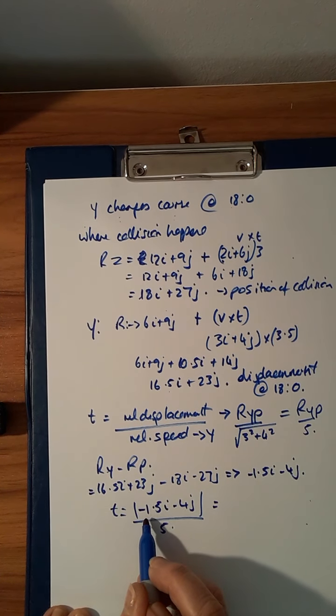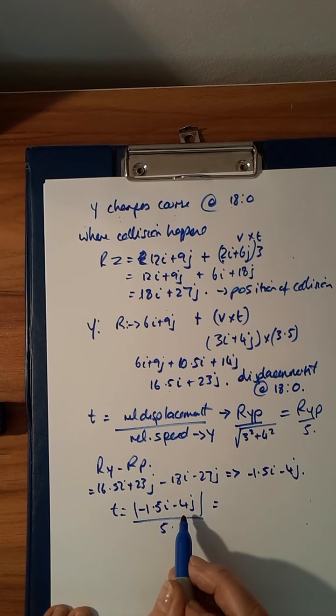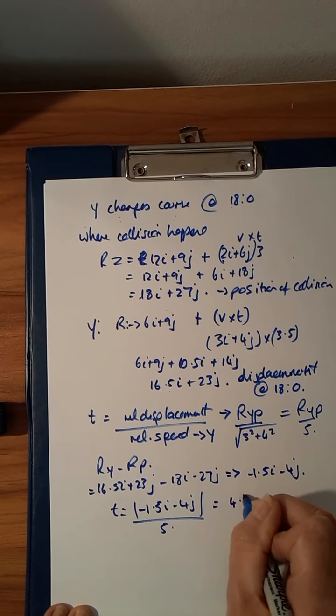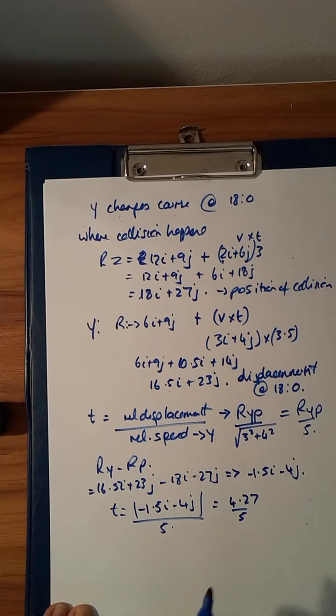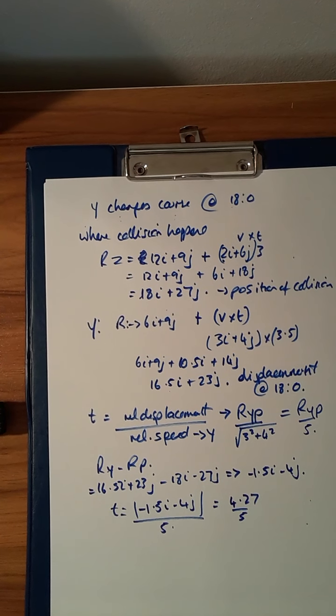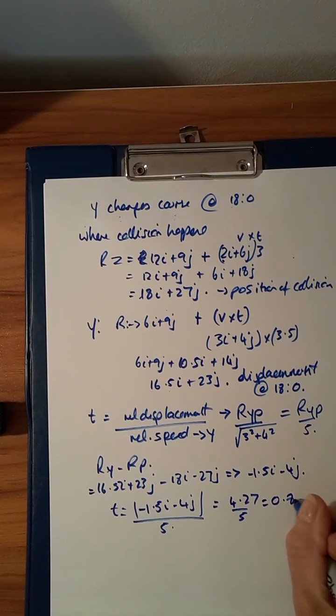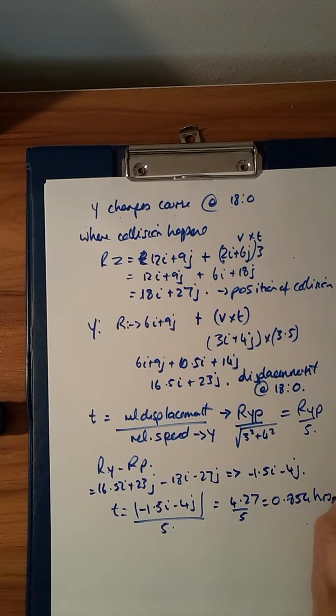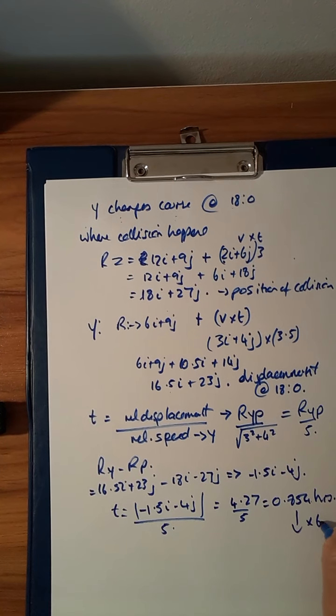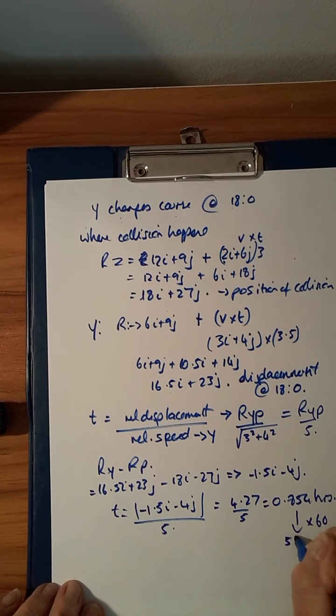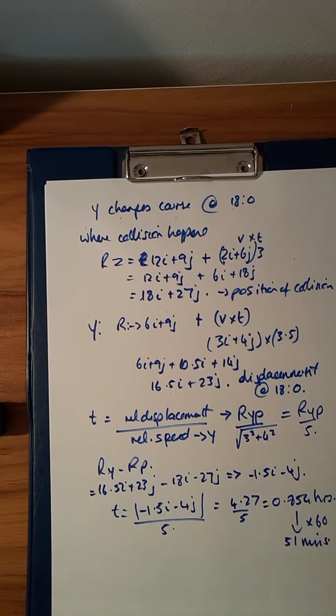So when I get 1.5 squared plus 4 squared, square root of that gives me 4.27 over 5. Now, 4.27 divided by 5 is 0.854. And of course, that's hours. So if I multiply that by 60, that becomes 51 minutes.